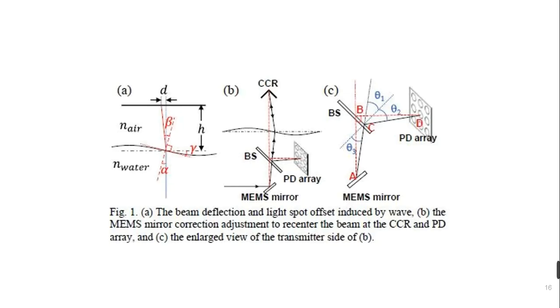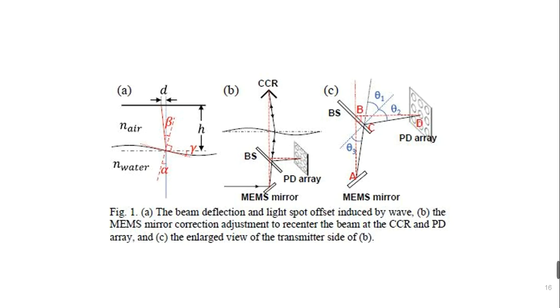As in the water-air OWC channel, dynamic ocean waves may significantly deflect the light beam from its original direction, thus deteriorating the communication performance. In this study, a beam tracking system to mitigate wave-induced communication degradation is experimentally demonstrated.